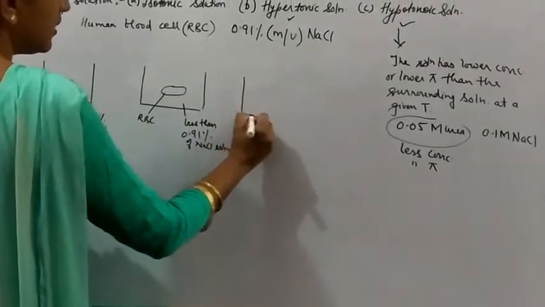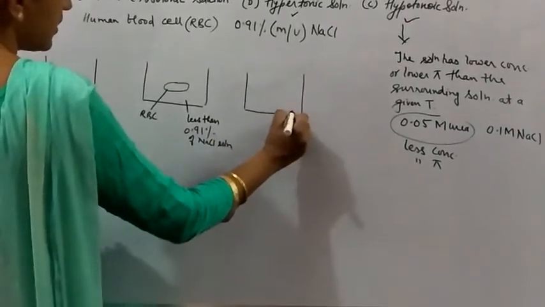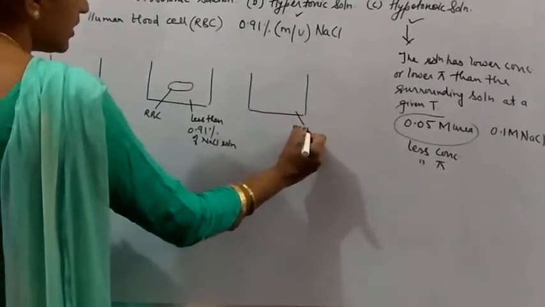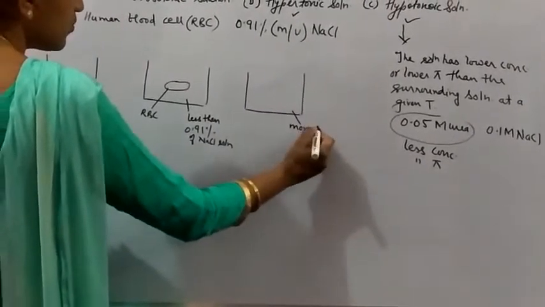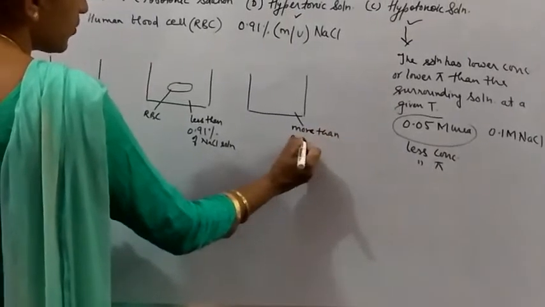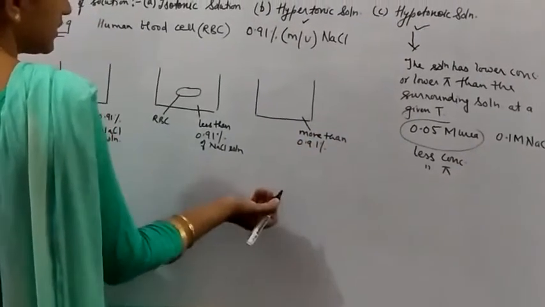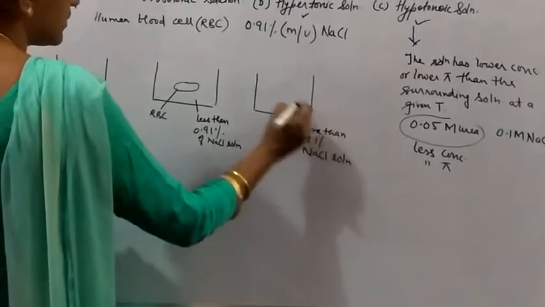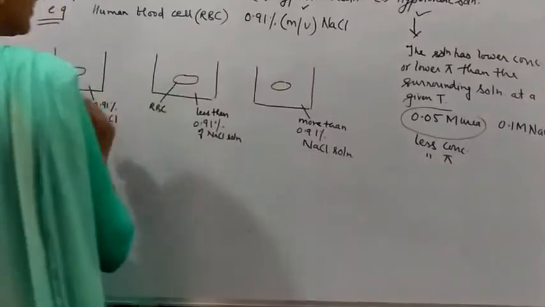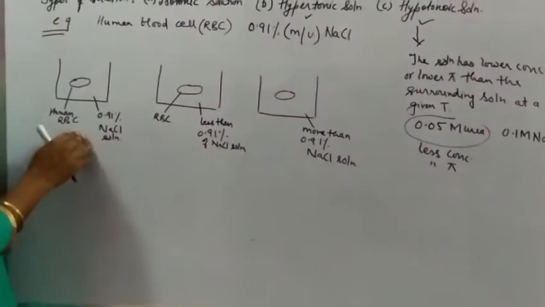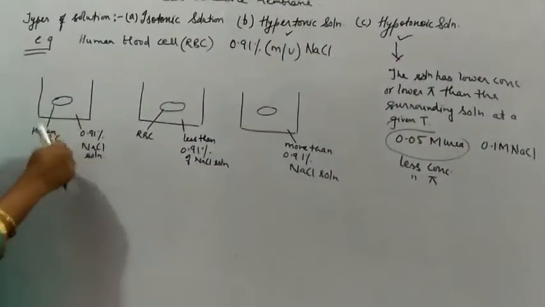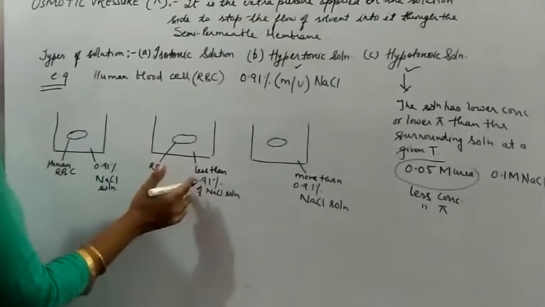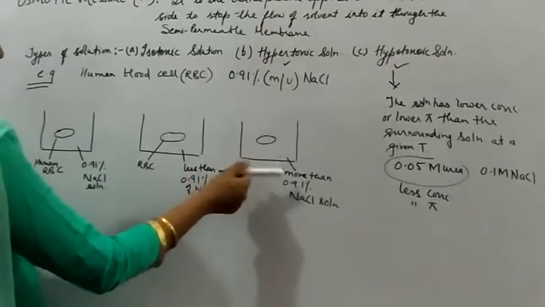And the third beaker is there, where again we have got an RBC and the concentration of the NaCl solution is more than 0.91%. So we have taken the three beakers in which we have one with 0.91% NaCl solution, another with a concentration less than 0.91% NaCl, and here it is more than 0.91%.